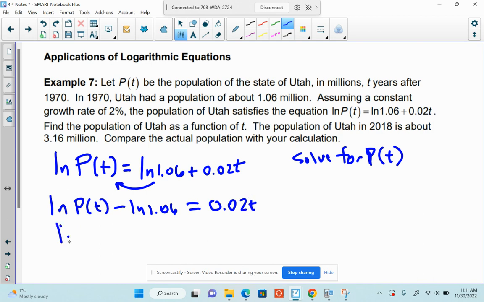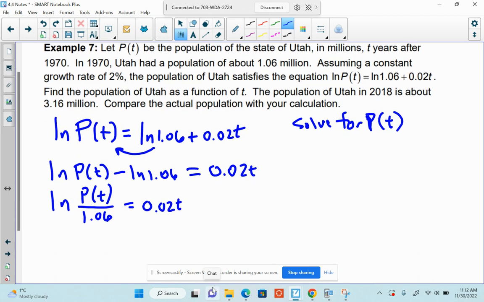I am going to put these two logarithms together so that I have the natural log of, remember subtraction turns into a fraction, P of T over 1.06, equals 0.02t.